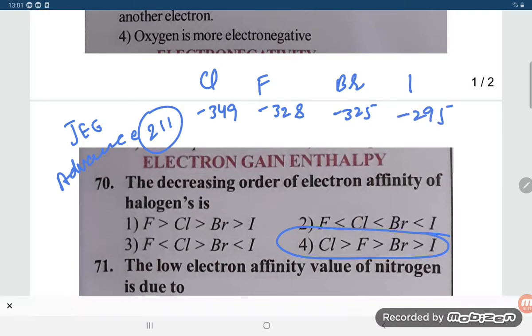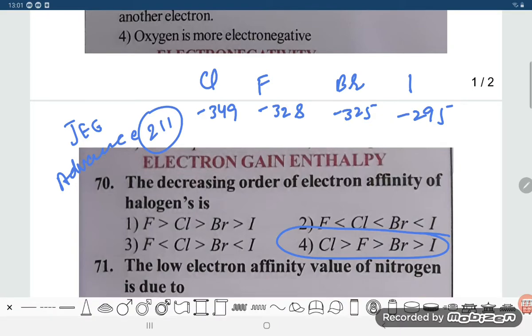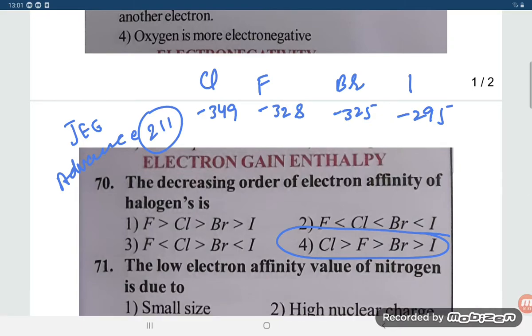They are asking for decreasing order, so chlorine is the highest at minus 349, then fluorine 328, then bromine 325, and then iodine minus 295. This is the descending order of the negative value of electron gain enthalpy, so the correct option is option number 4.